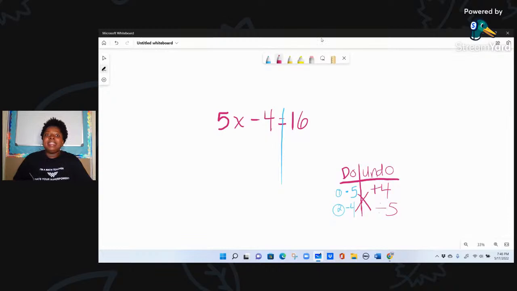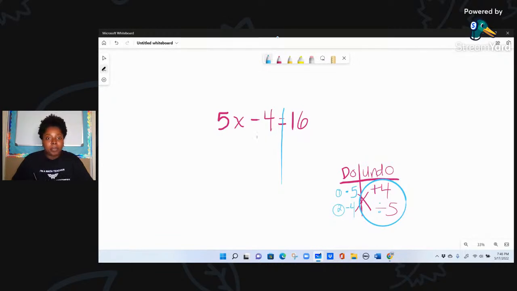All right, now this is the side you want to focus on. It's called a two-step equation because these are your 2 steps to solve this problem. First, we're going to add 4 to both sides, and then we're going to divide by 5. These are your 2 steps to the equation.